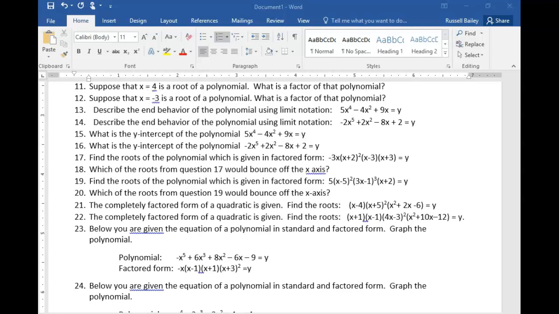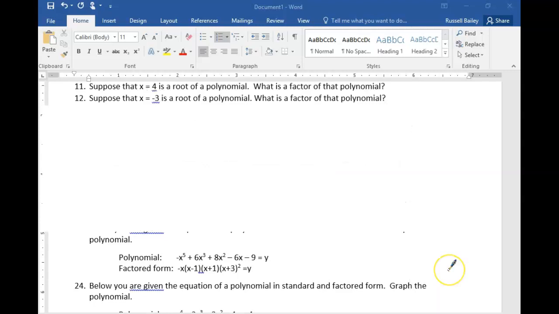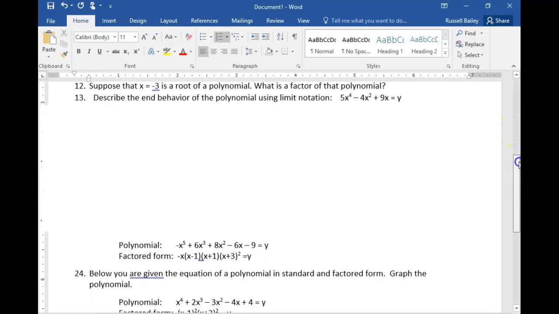Let's go ahead and move on to number 13. Describe the end behavior of the polynomial given. When you're looking at end behavior, all you do is look at the first term. If you want to know what to do, you need to look at the chart that I gave you a little while back.